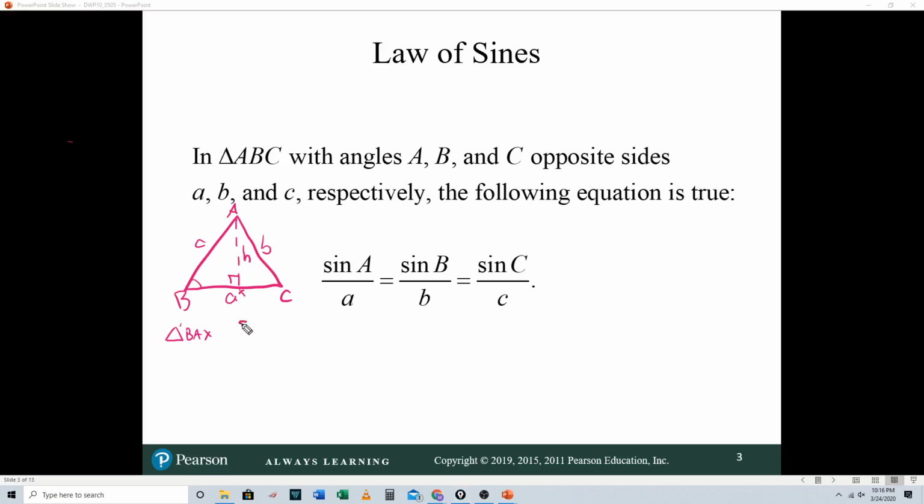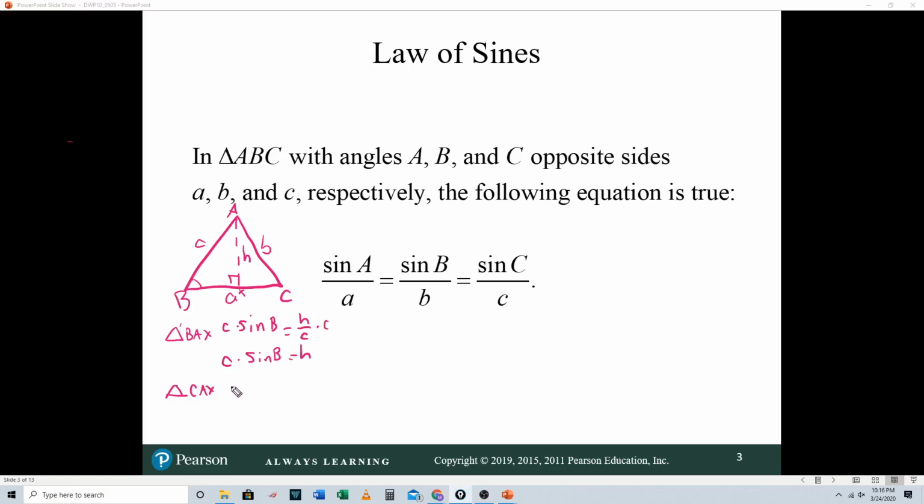Since sine of B is opposite over hypotenuse, solving for h means I multiply by c to get c times sine of angle B is equal to h. We can do the same thing for triangle CAX.